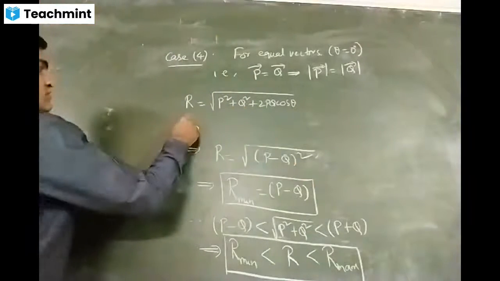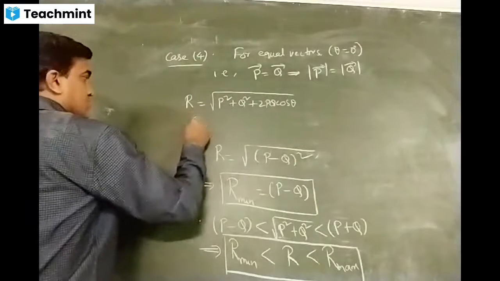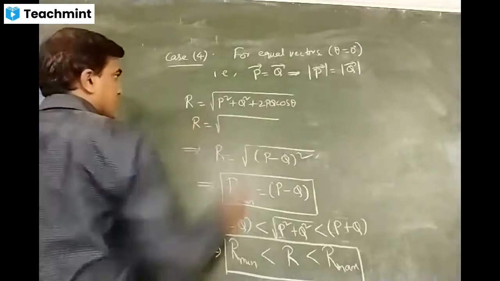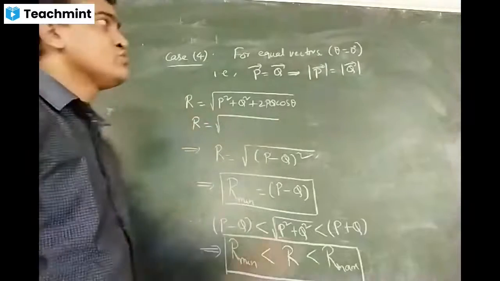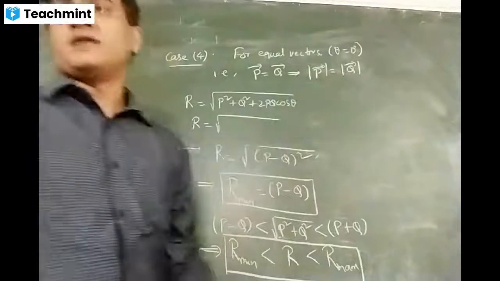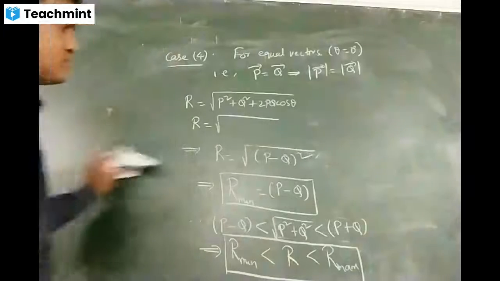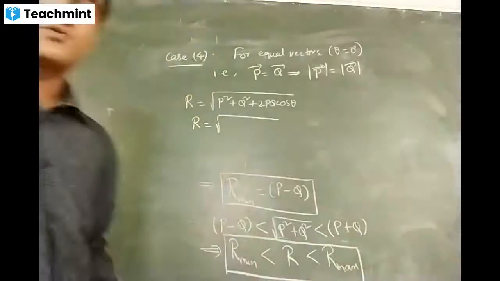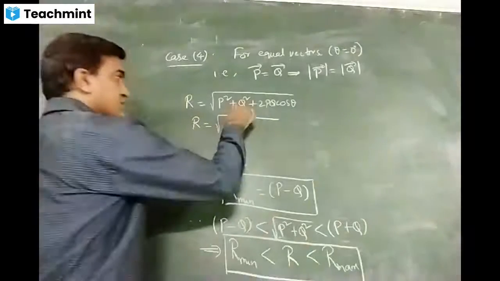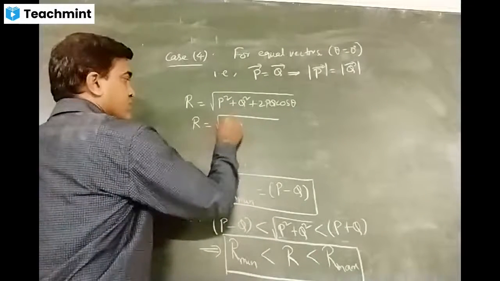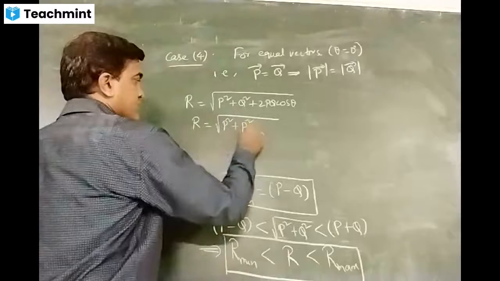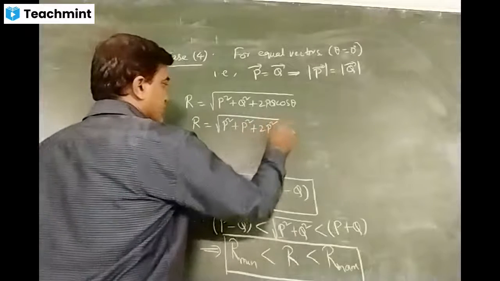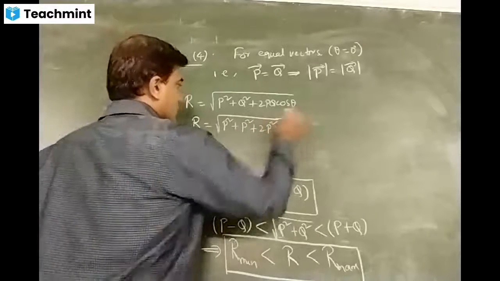So what will we get for the value of resultant? R is equal to square root of, let me substitute Q with P, or P with Q, your wish. Here let me replace Q with P. So P square plus P square plus 2P square cos 0. Cos 0 is 1.